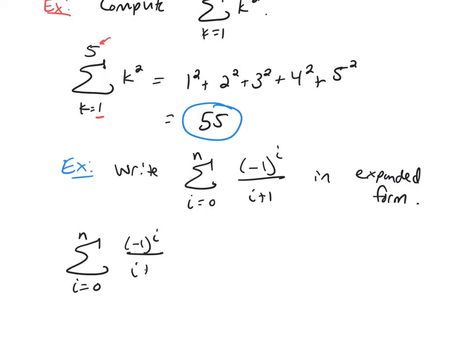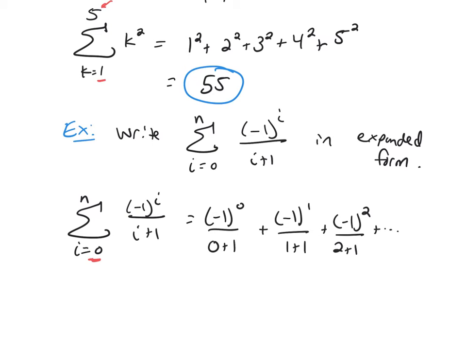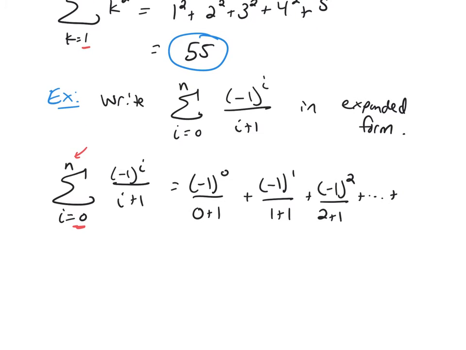You're going to again start with your lower bound or lower limit. i is 0, so that's your first value you plug in for i. Then your next value would be i equals 1, then i would be 2, and then you keep going and you stop. In this case, I don't have a fixed number up here. I have n as my last one I plug in, so I plug in n in place of i.